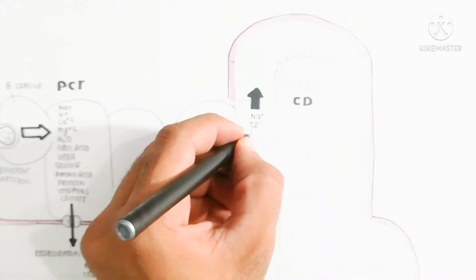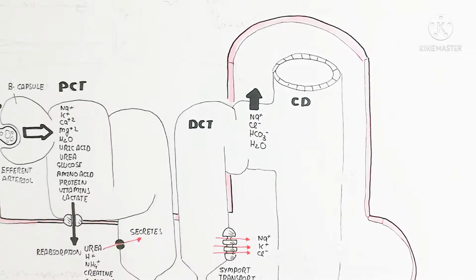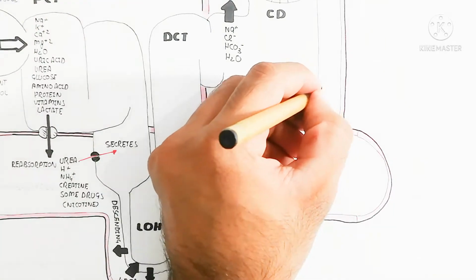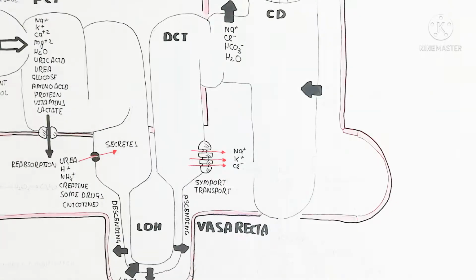After this, there is also the distal end of the collecting tubule, where sodium chloride, hydrogen bicarbonate, and water are more absorbed.